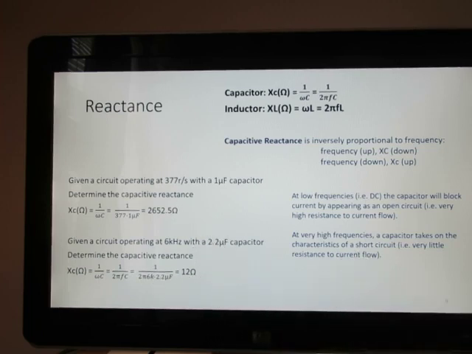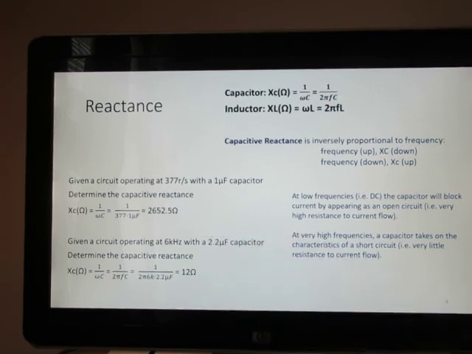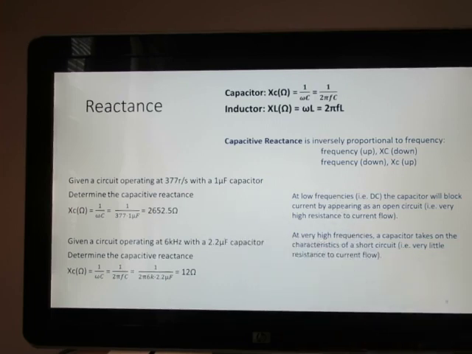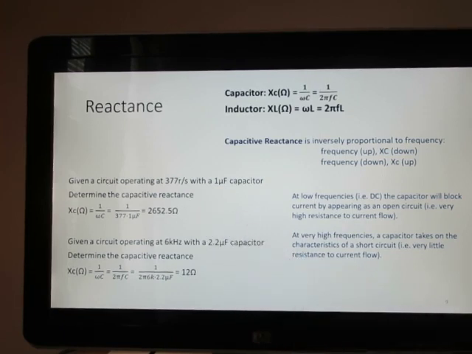Now, how would I write those as vectors? This would be 2652.5 ohms at minus 90 degrees for the capacitor. So remember, the inductor is plus 90, the capacitor is minus 90. If I wanted to write that as a rectangular coordinate, it would be minus J 2652.5 ohms.